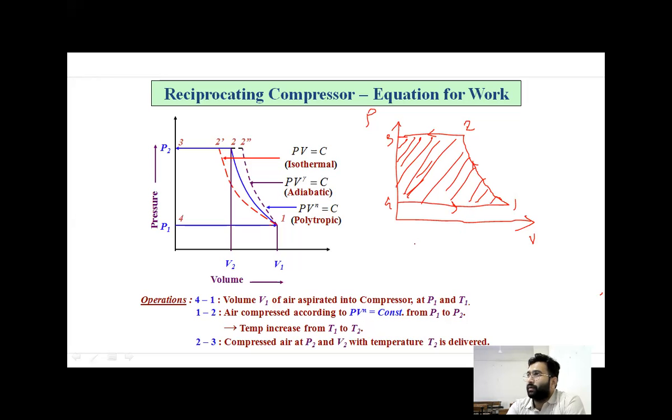There are ways to calculate. Let me show you in simple ways. So this is the diagram. Once again, see 1 to 2 to 3 to 4. How to calculate this area? Can anybody tell?